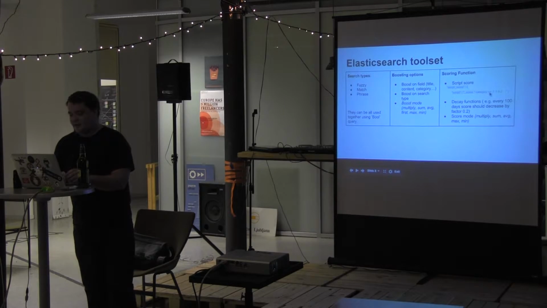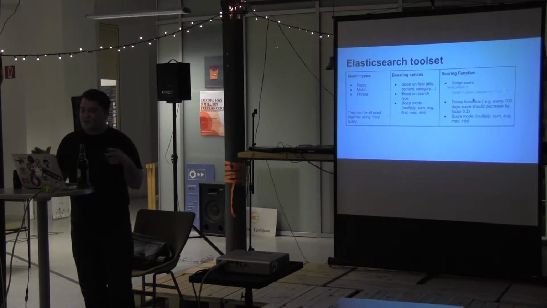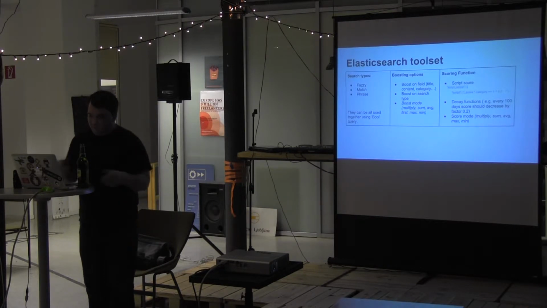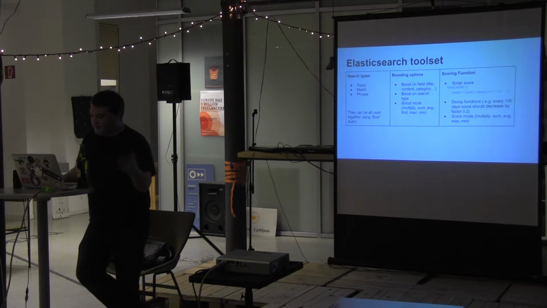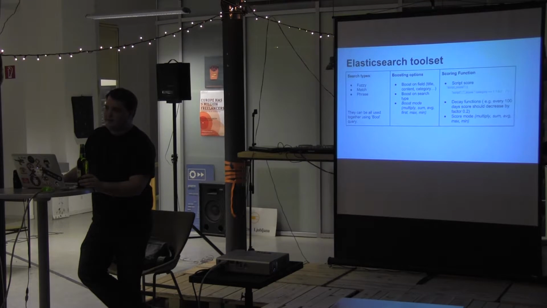Let's say we have 5 scripts that have scores, we can take an average of these scores, we can multiply them, we can take max or anything. So I had no idea how to resolve this problem.